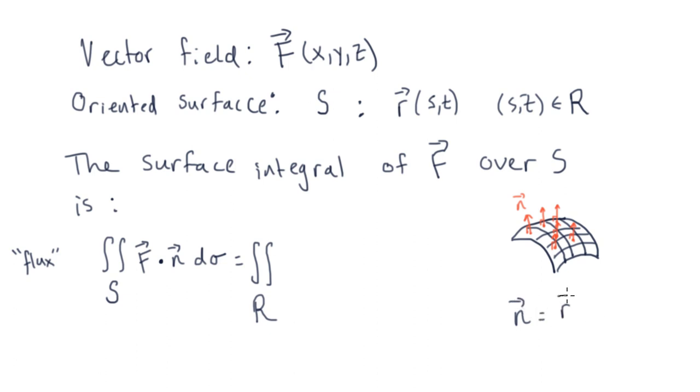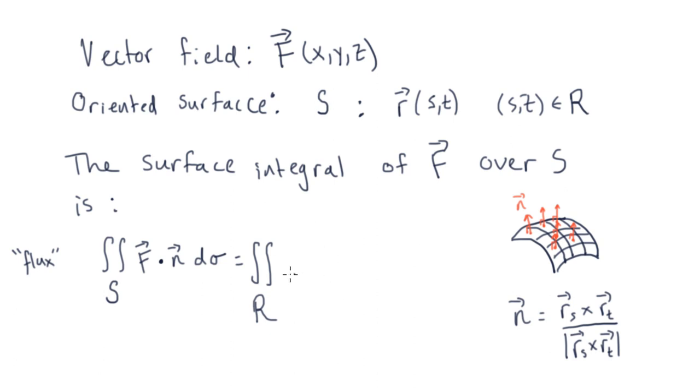Well, what we can do is we can take this vector that we know is in the normal direction, divide by its length, and there we go. So there's our normal vector. But notice that d sigma actually has a factor of the magnitude of this cross product as well. So similarly to line integrals, the complicated magnitude factor is going to cancel.